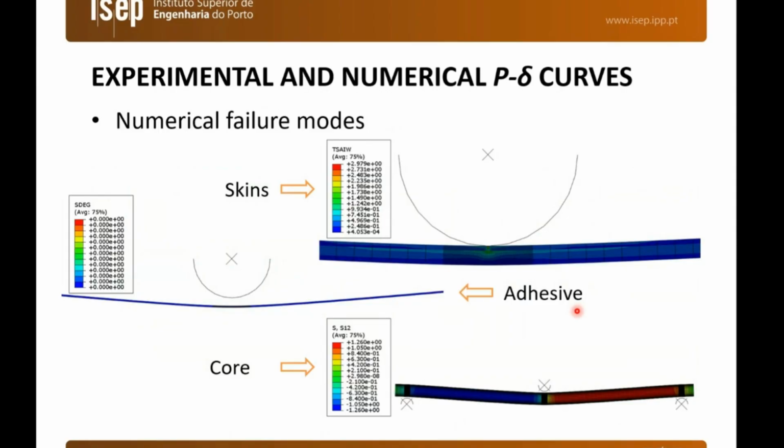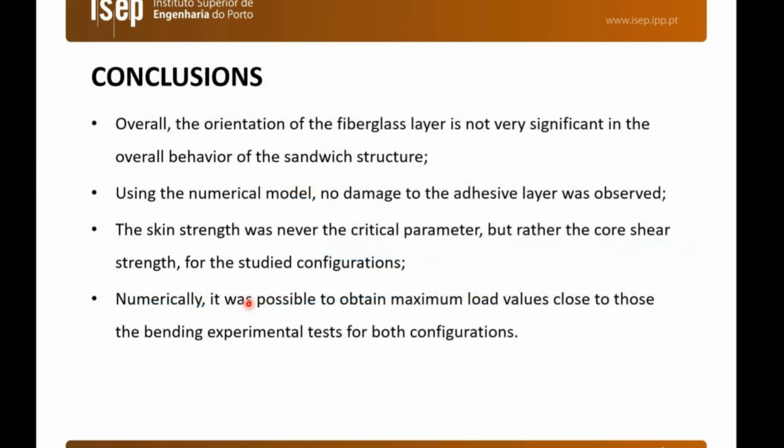And here we have the numerical failure mode. Actually, the core fails at 1.26 megapascal, as resulted from our experimental testing. We have failure in the core, while the skin and the adhesive are not yet triggered in terms of complete failure.